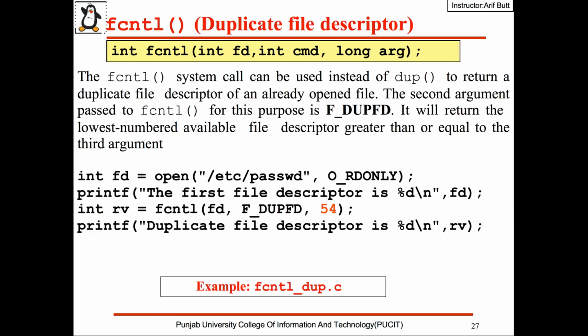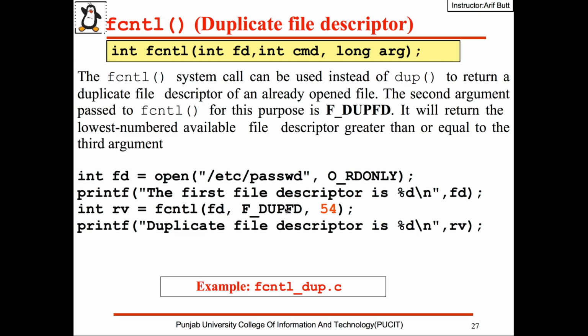Okay, so in order to duplicate a file descriptor, you can use the fcntl command, and in that case the second argument that you pass to fcntl over here is F_DUPFD. Suppose you have a file open in read mode, and you want to get a duplicate file descriptor.